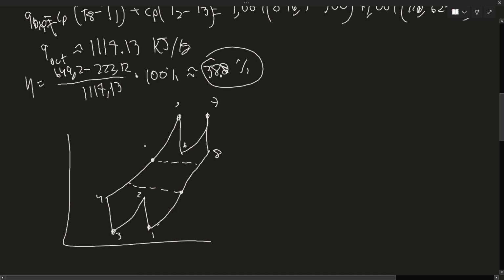You're going to consider this point 9 and this point 10. You don't need to find T9 or T10. First of all, if this is the case, then this part over here is your Q out and this part over here is your Q in. That's the only difference if you have intercooling plus regen.